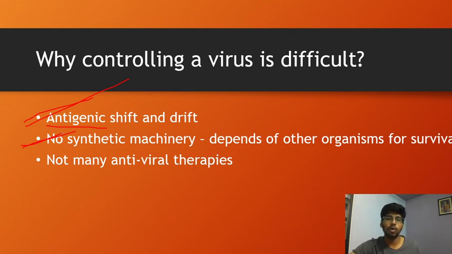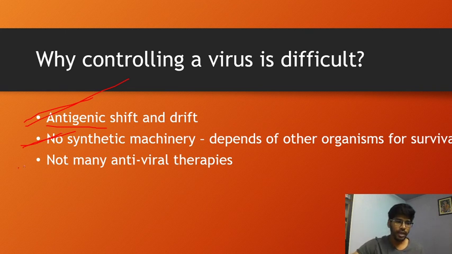So because there is a metabolism, you can synthesize a drug which can kill a complex organism. But in the virus, there is no such complex machinery at all. It depends on another organism for its survival. Because there is no synthetic machinery inherently present in the virus, it is very difficult to synthesize a drug for viral diseases.